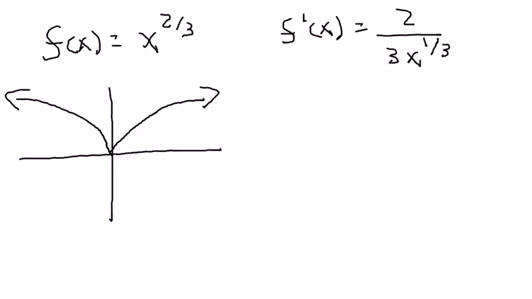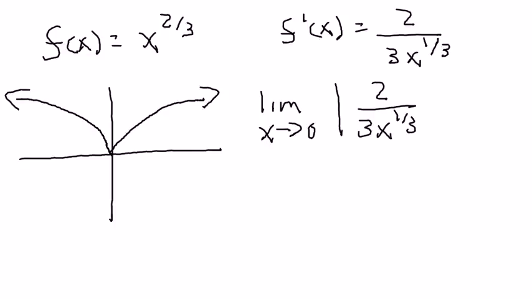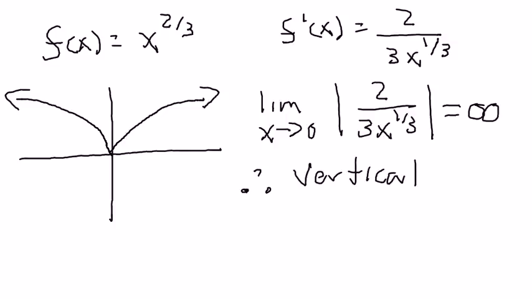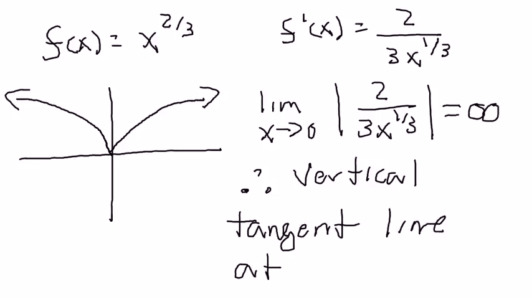If you do it theoretically, you say, okay, the limit as x approaches 0 of the absolute value of 2 over 3x to the 1/3 goes to infinity. Therefore, we have a vertical tangent line at x equals 0.